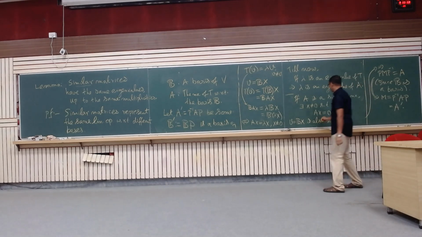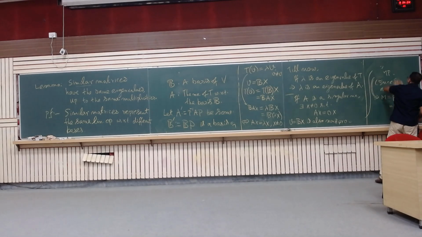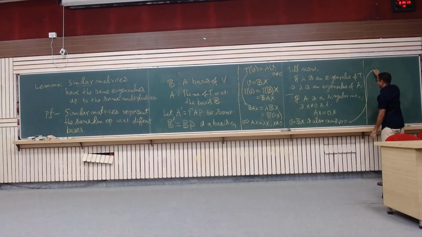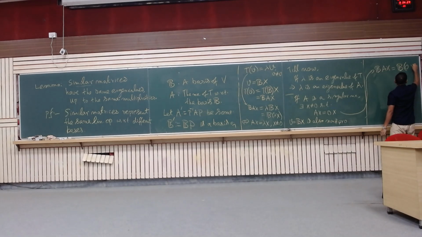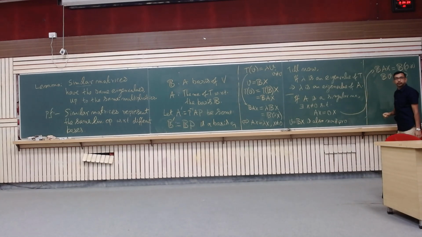So if we now write here, wait a minute, not here, this one, excuse me. This one is giving us BAx equal to B times this, and that is just equal to 0, whereas on this side we are getting Bv.